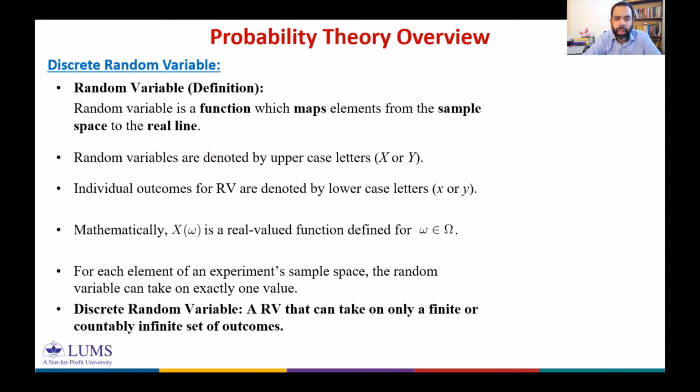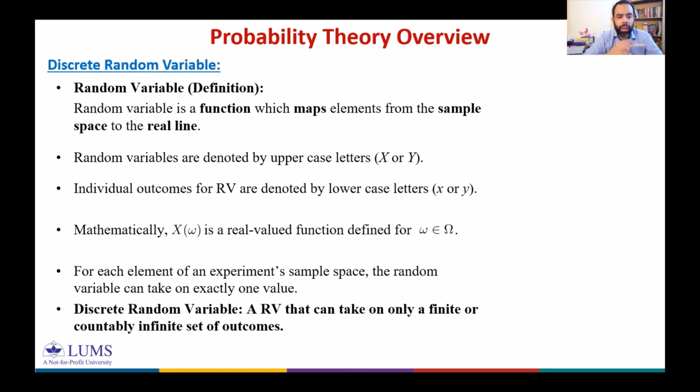the concept of discrete random variable. So first we see what do we mean by random variable. Random variable is a function which maps elements from the sample space to the real line. Random variables we denote by capital letters X, Y or Z, and we use small letters to denote the individual outcomes for random variable.